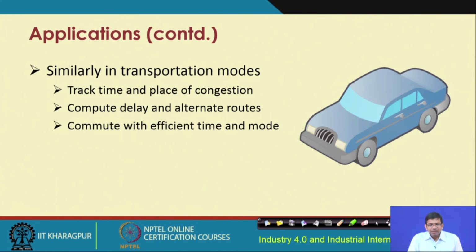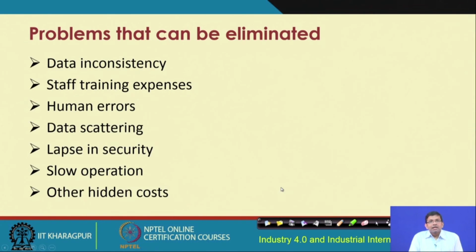There are other applications such as in the transportation sector: tracking the time and place of congestion, computing the delay and finding out alternate routes, commuting with efficient time and mode.